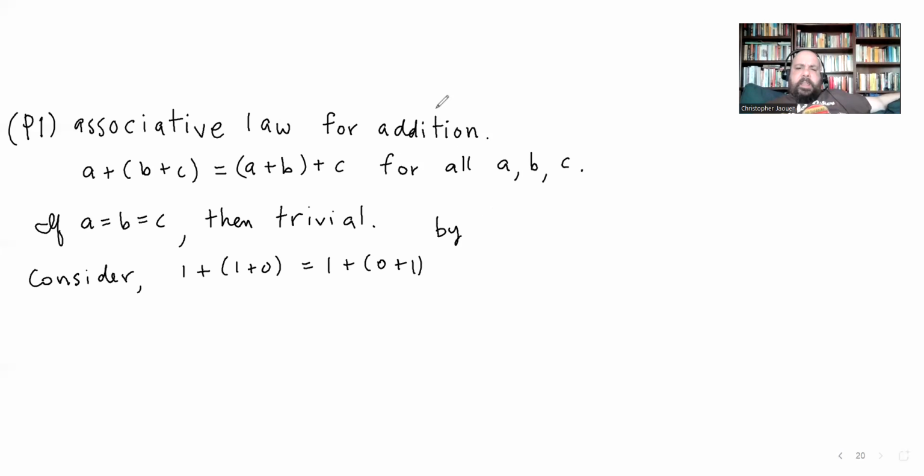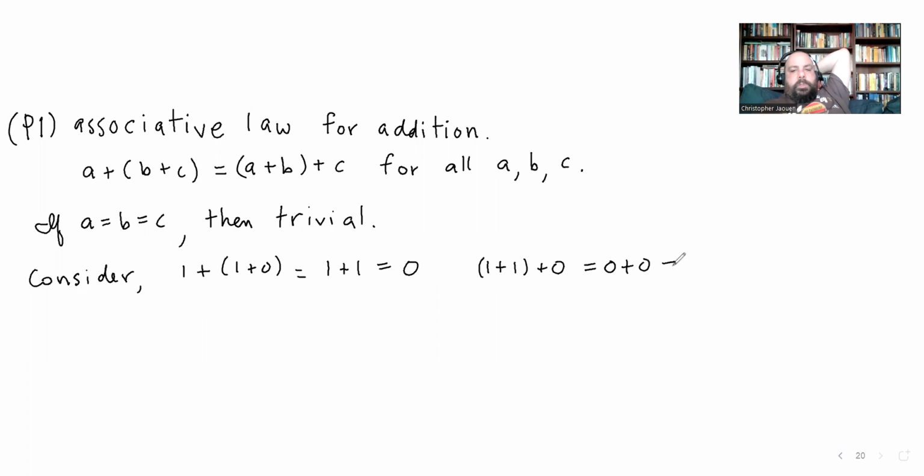Oh, no, we haven't shown that yet. Sorry. Hang on. We do have to show this. Sorry. 1 plus 0 is 1 plus 1, which is 0. And if I do 1 plus 1 plus 0, we get 0 plus 0, which is 0. And so these are equal.